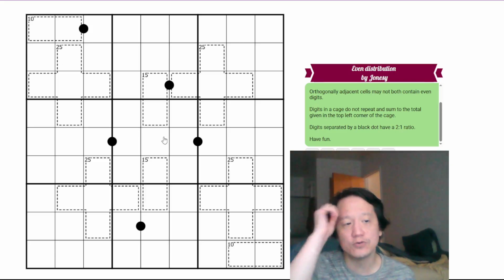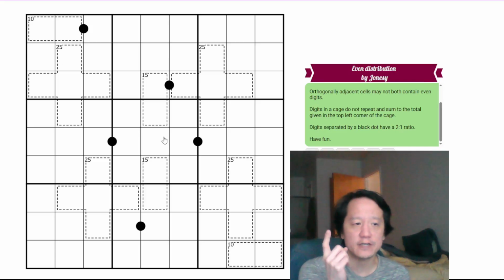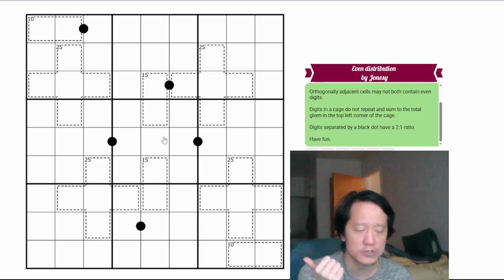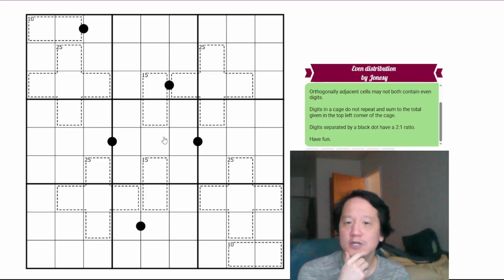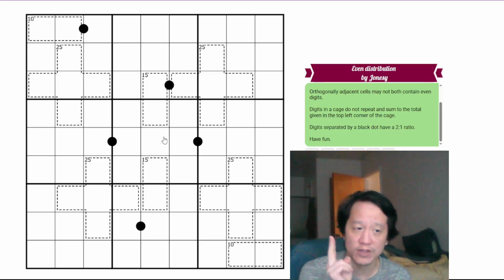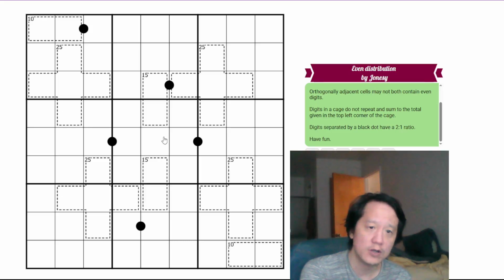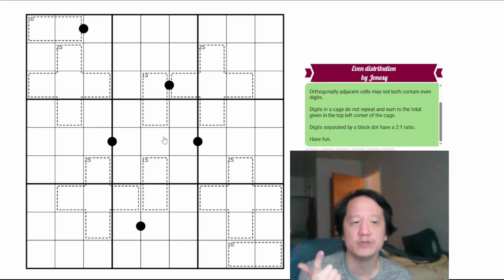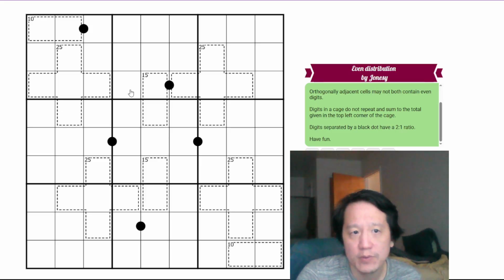Okay, so normally, for a black Kropki dot, you could have the ratios be 1, 2, 2, 4, 3, 6, or 4, 8. But since no cells that share an edge with each other can both be even, that eliminates 2, 4 and 4, 8 to be in a 1-to-2 ratio.